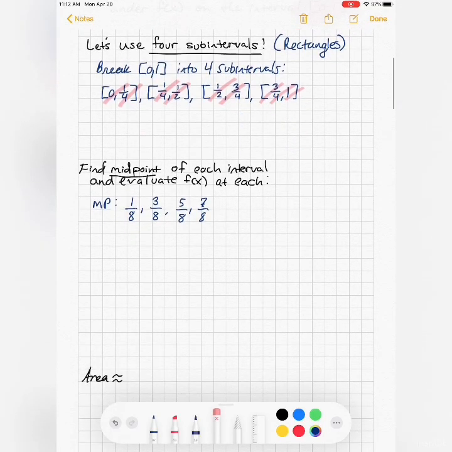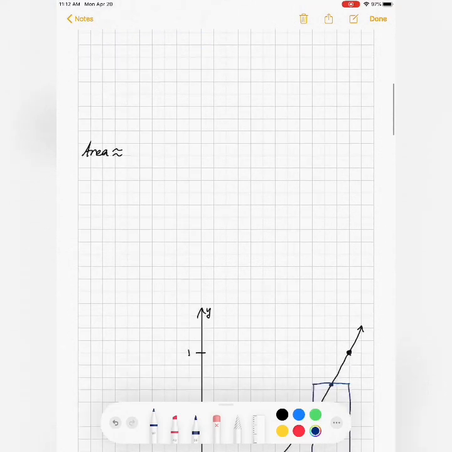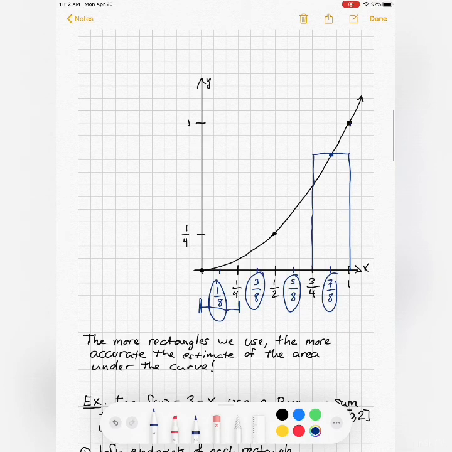Okay, but those we had already found on the graph here. So then I have to go, well, what would the matching y values be? Because you see how down here, this point that I found here, that's going to be the height of that rectangle, right?